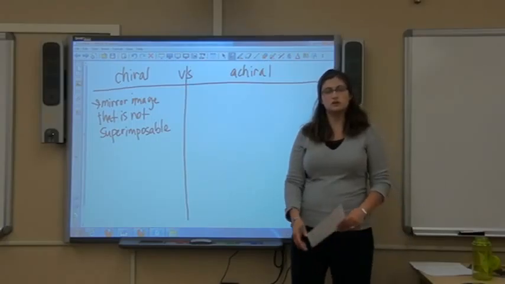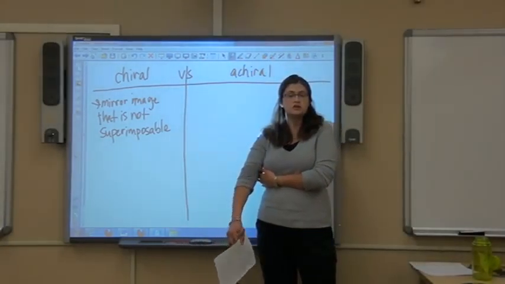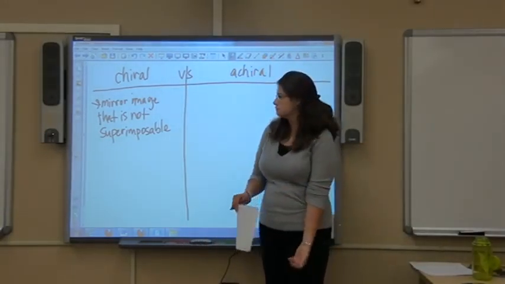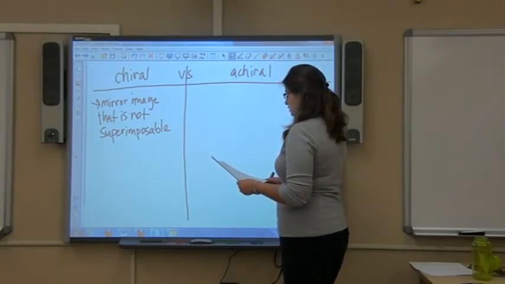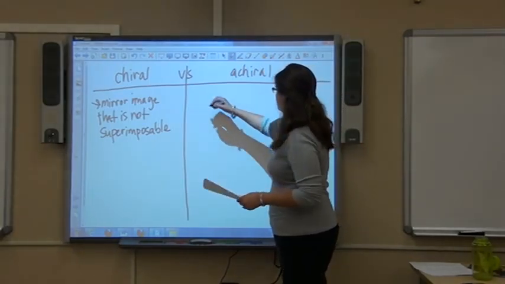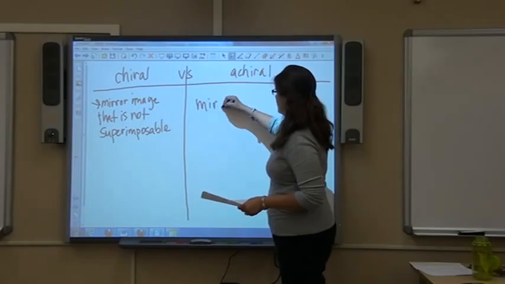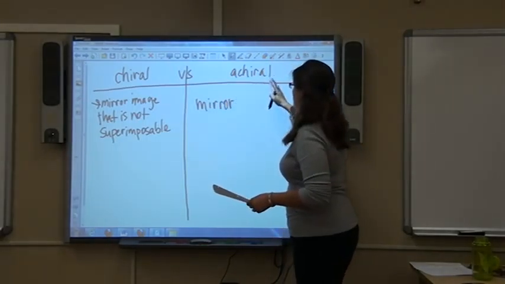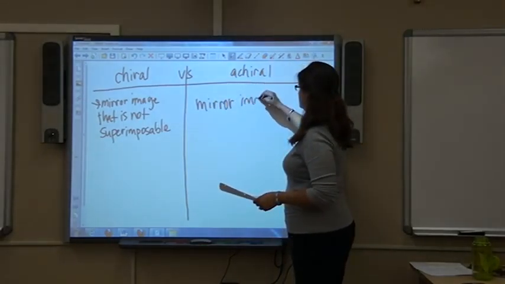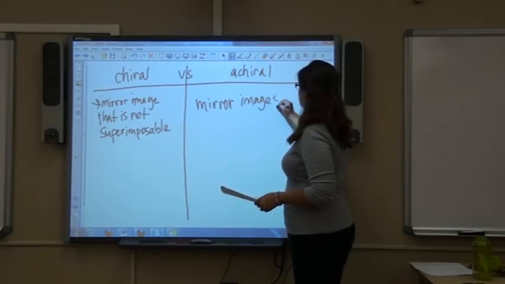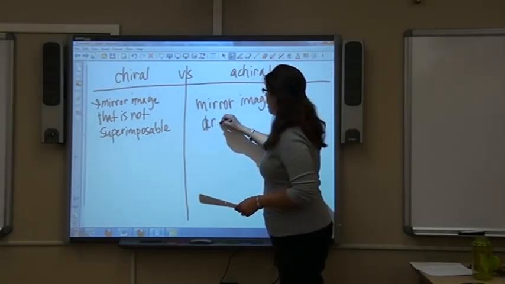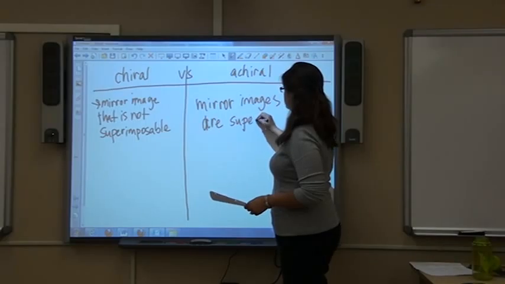If you're a molecule that's like a right and a left hand, you're what we call chiral. They're not superimposable. Achiral molecules have mirror images that are superimposable.